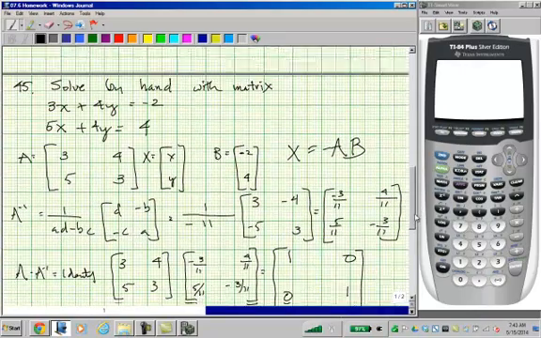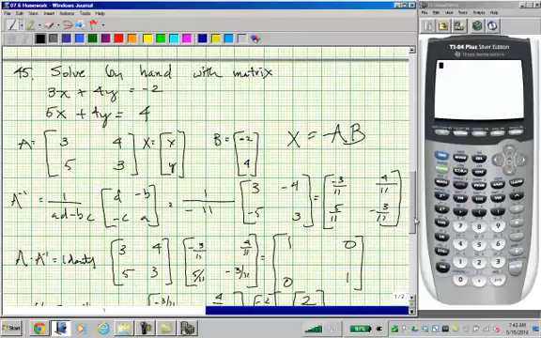Now, 45, solved by hand using the matrix. Okay, 3x plus 4y equals negative 2, 5x plus 4y equals 4. So we got 3, 4, 5, 3. That's A, and then I'm going to have the variable matrix, and then I have the solutions, or the right-hand side of the equation matrix, negative 2, 4.